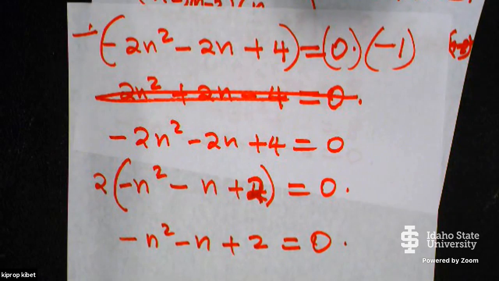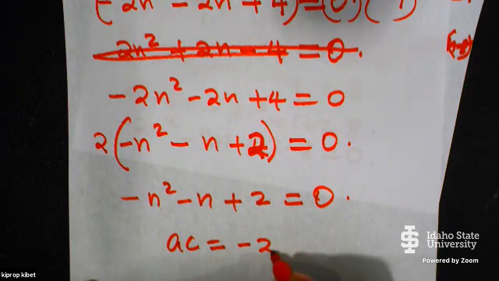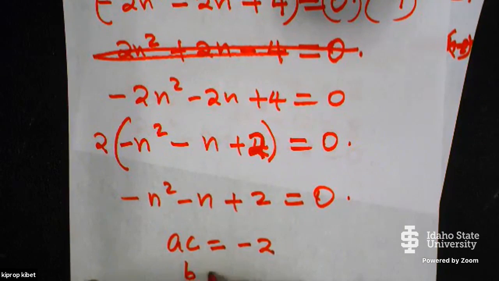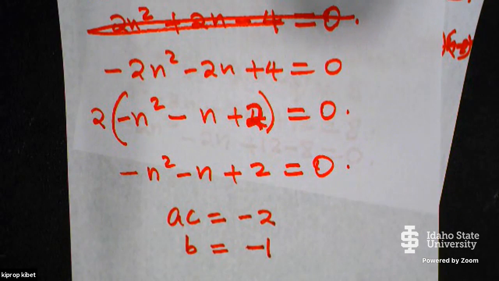Now, the product here, AC equals to minus 2, and then B equals to minus 1. So what are the two numbers in which the product is minus 2 and the sum is minus 1? Negative 2, positive 1.